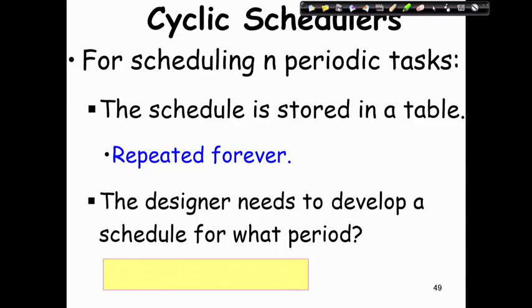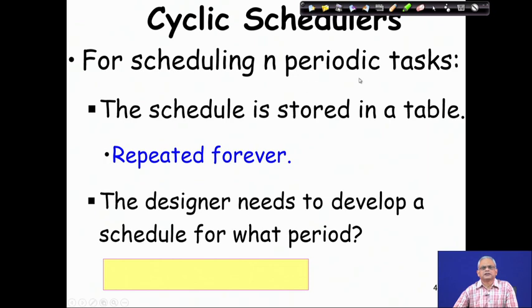So, let us look at the cyclic scheduler. Here again let me just mention that even though we are saying tasks, these may not be real tasks, because these are used in simple real time operating systems. Here we do not have the capability to manage tasks.